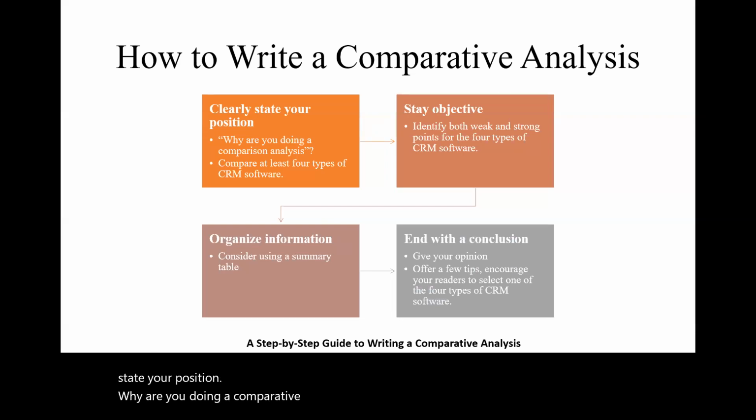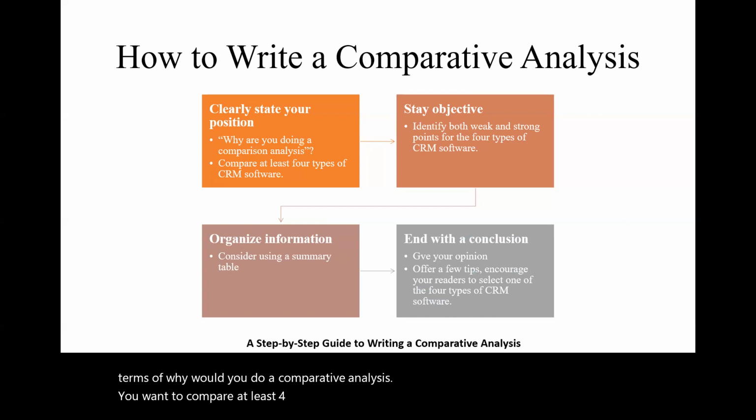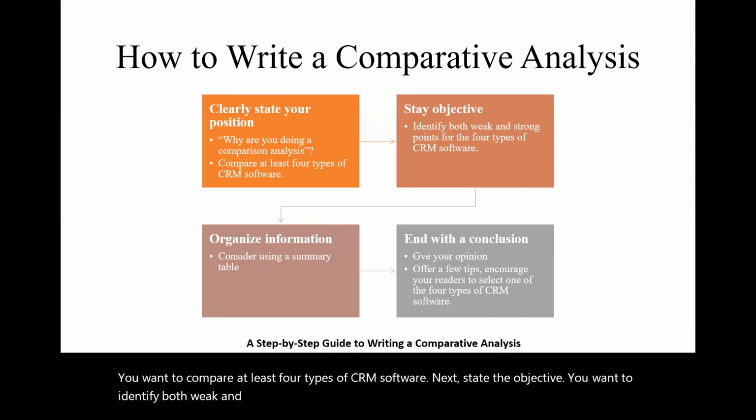I know it's the assignment, but think about it in terms of why would you do a comparative analysis? You want to compare at least 4 types of CRM software. Next, state the objective. You want to identify both weak and strong points for the 4 types of CRM software.